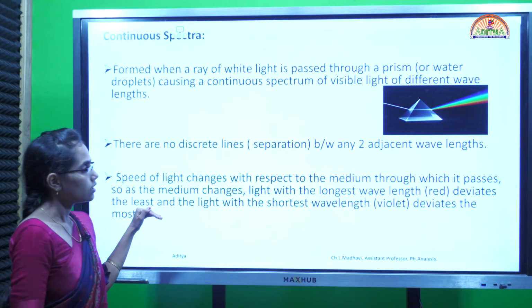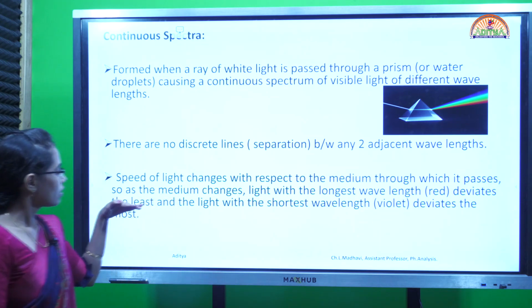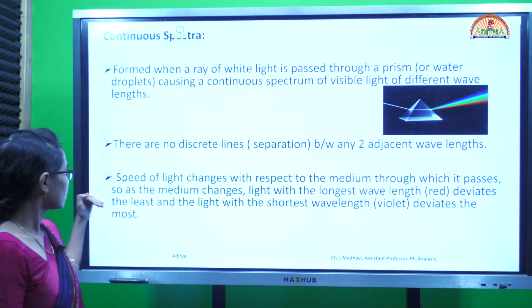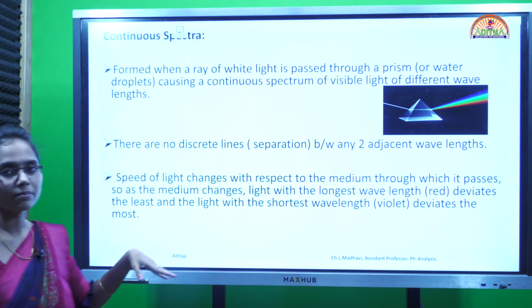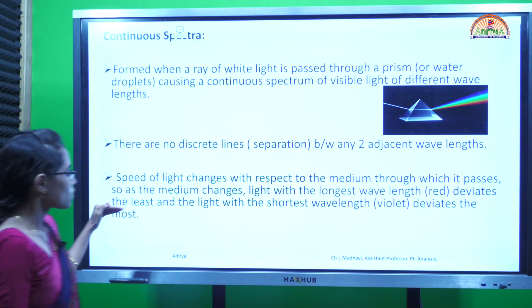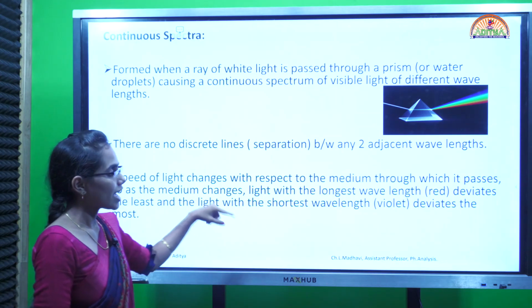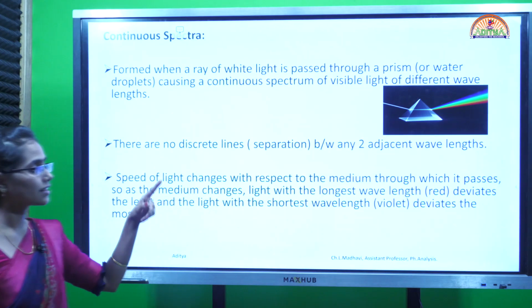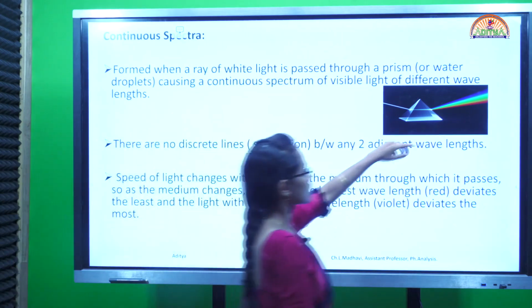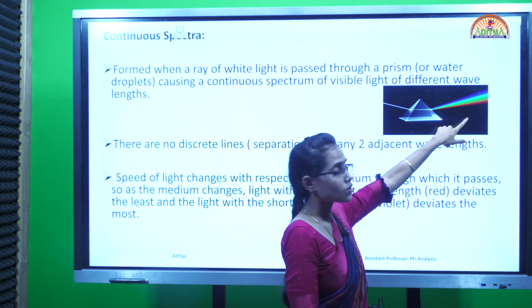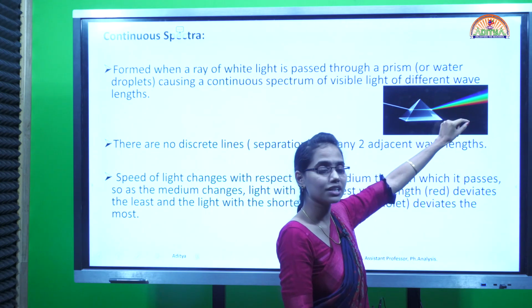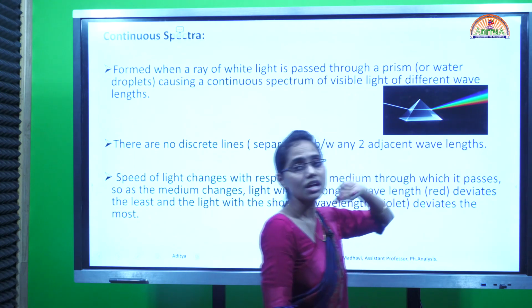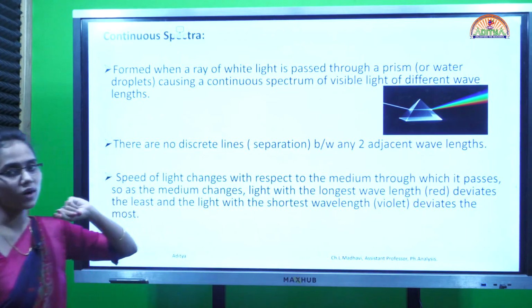And when the speed of light changes with the medium, the light with the longest wavelength, that means red, deviates more when compared to the light with the shortest wavelength, which is violet.